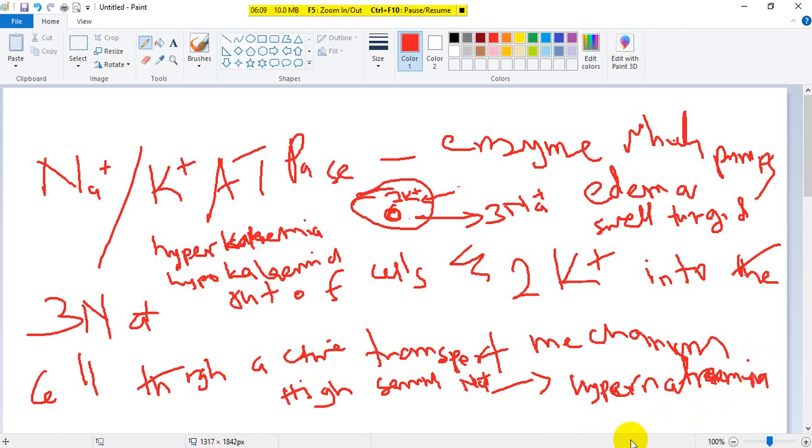The same way, low level is called hyponatremia.